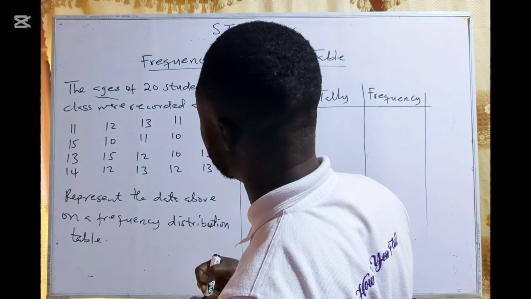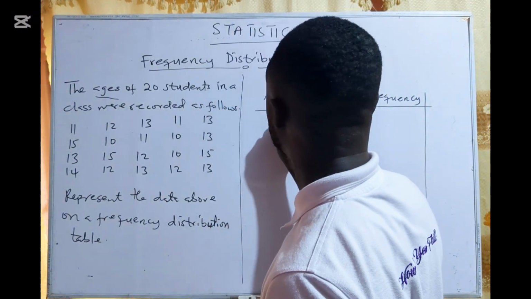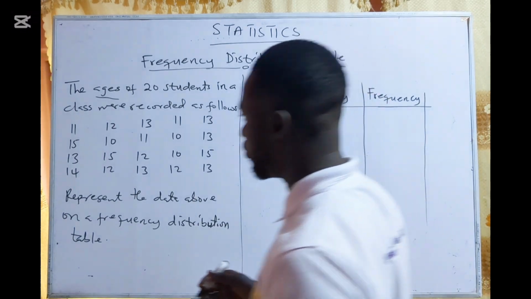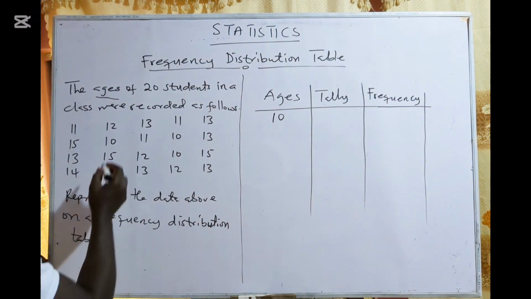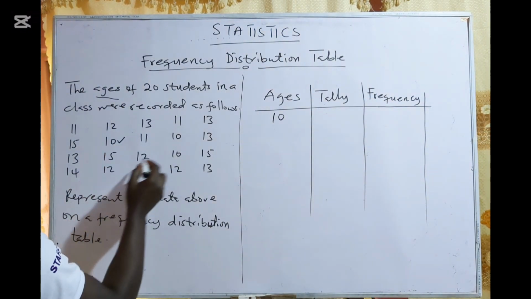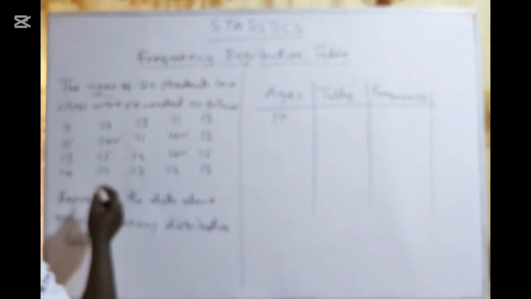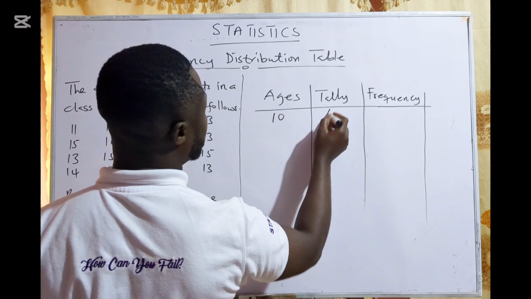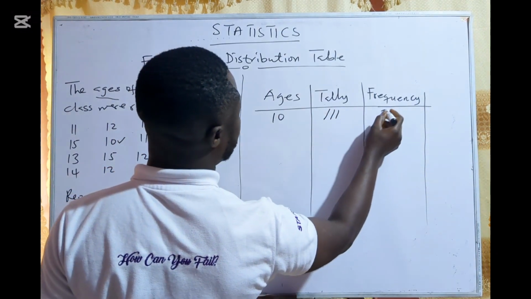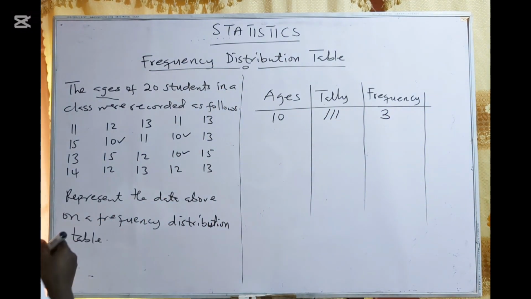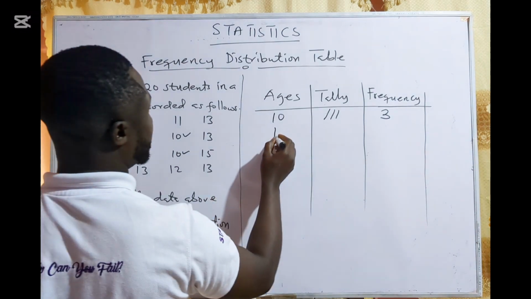So which value is the least? 10. You write 10. So how many tens? So let's check. 1, 2, 3. So the tens, we have 3. So we tally and then write our 3 here. Alright, then you come to 11.